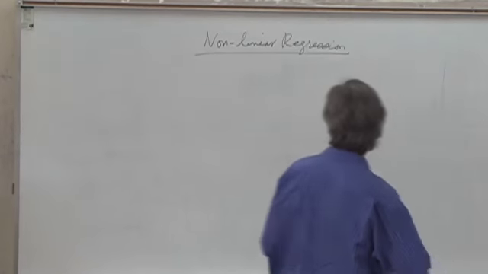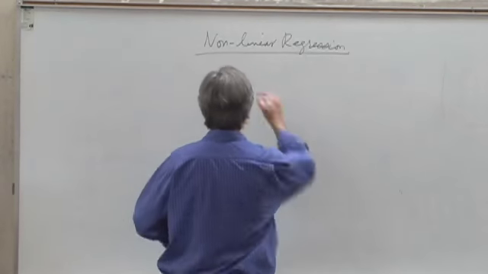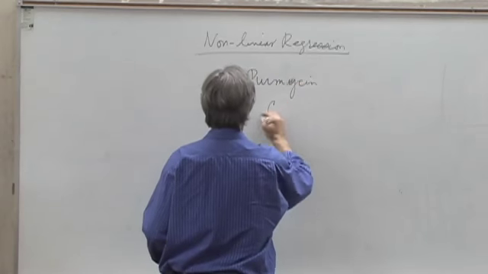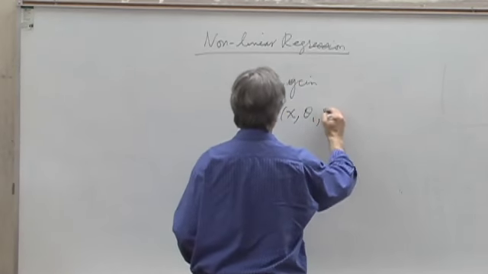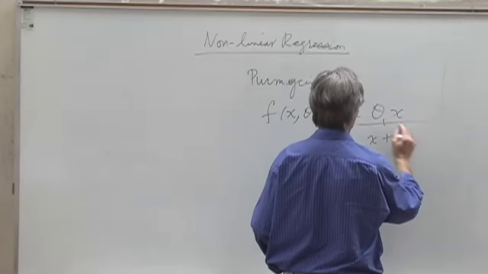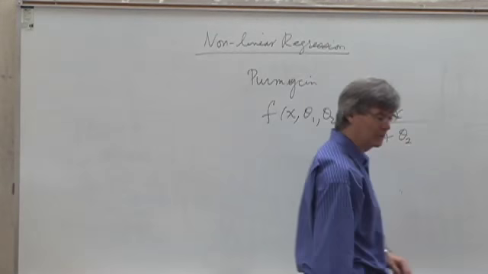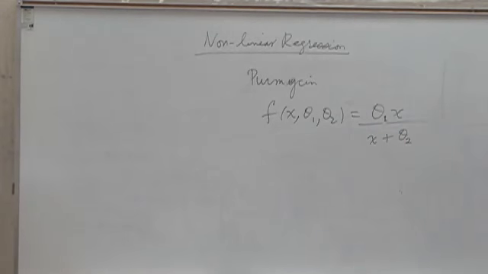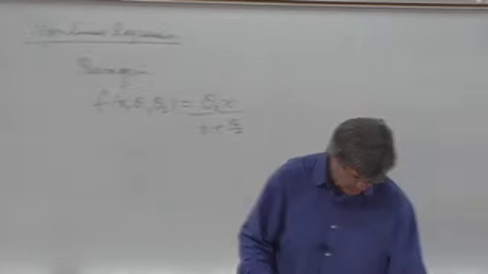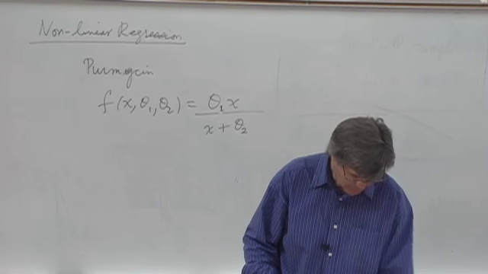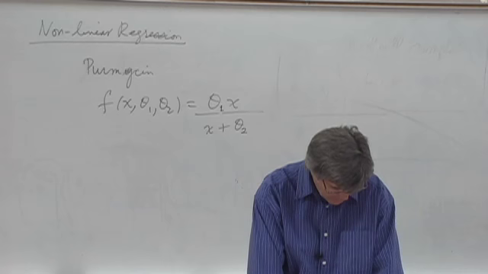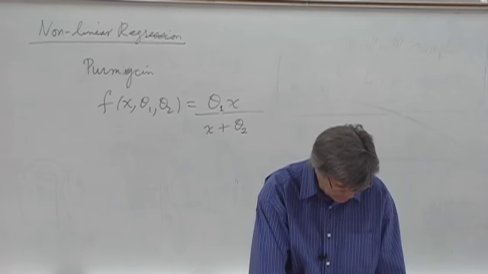I don't know. Okay. So with the Puromycin data, you have a regression function of the form f of x and theta 1, theta 2 equal to theta 1 x over x plus theta 2. And Engel here, one of the graduate students, was familiar with this from actual biochemistry. Actually studied this model. And this had to do with the velocity of a certain enzymatic reaction.